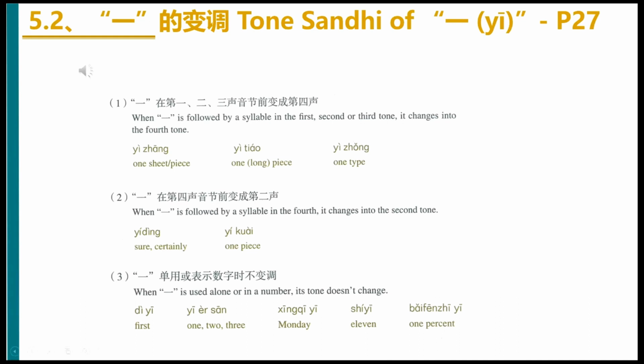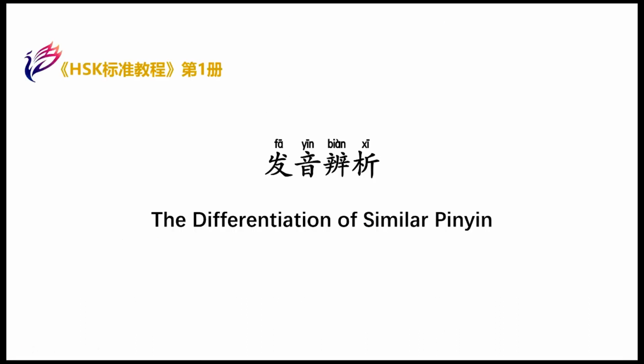That's all for the basic elements of the Chinese sound system, Pinyin. Now let's move to the differentiation of similar Pinyin. Because some sounds do not exist in your country's sound system, when you are hearing them, you cannot tell the difference.